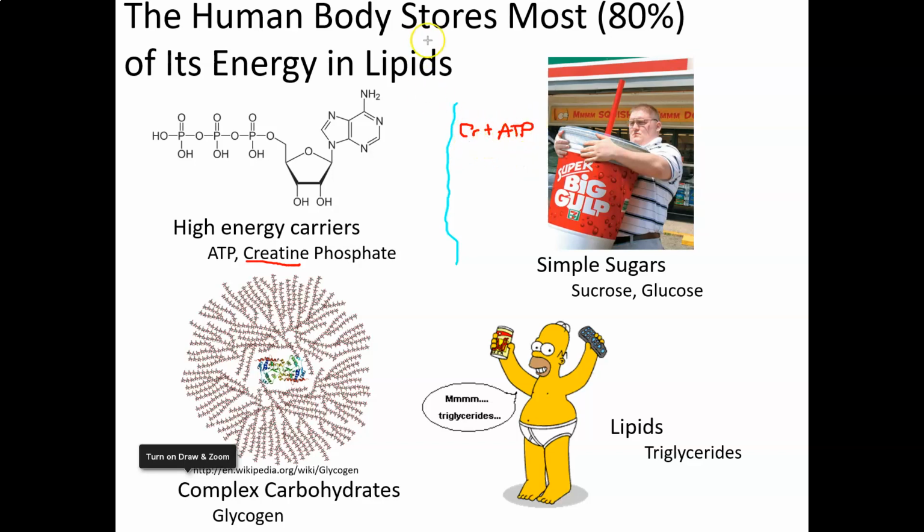And ATP says, you know what, I'm going to give you my phosphate. So it's going to give creatine one of its phosphates. And when it gives creatine one of its phosphates, that now becomes CRP, creatine phosphate. So that's what we see down here, creatine phosphate, plus now we have ADP.